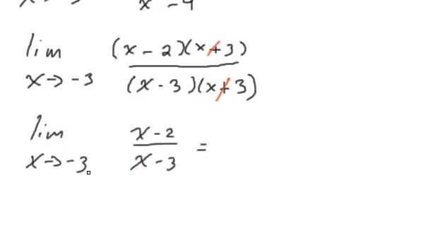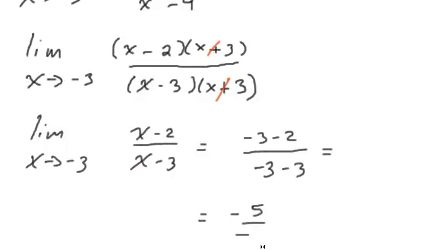So now I'm going to go ahead and do the direct substitution, plugging -3 directly in. And we end up with, actually, I like to write it below here, -5 over -6.